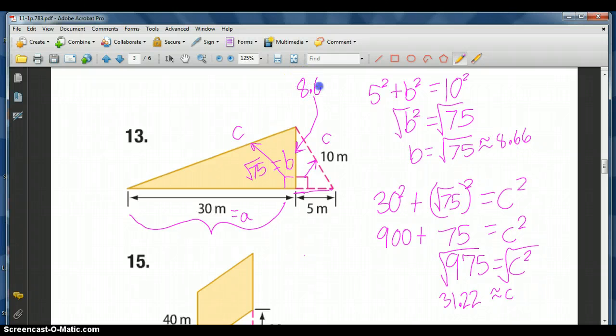And the square root of 975, which is approximately 31.22. So we're adding our three sides here to get roughly 69.9 meters.